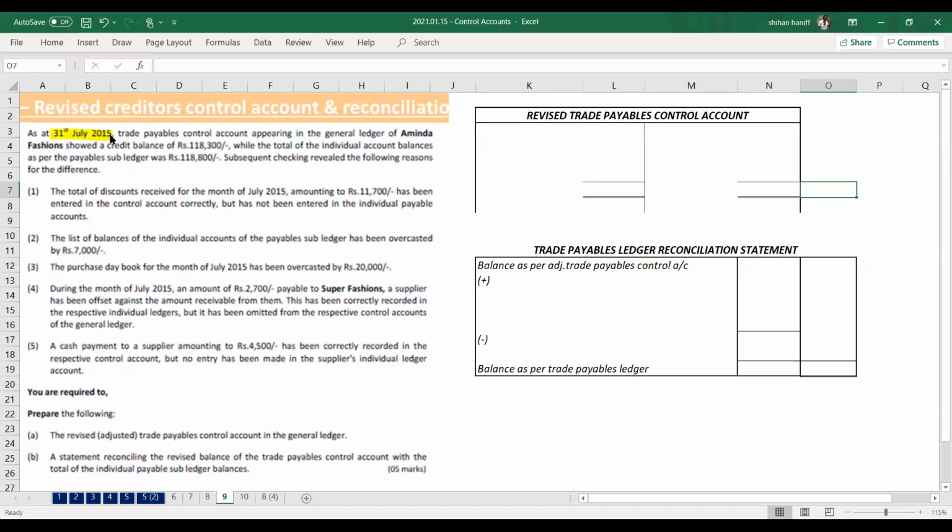As at 31st July, the payable control account appearing in the general ledger of Aminda Fashion shows a credit balance of 118,300. That's the opening balance in the creditors control account.